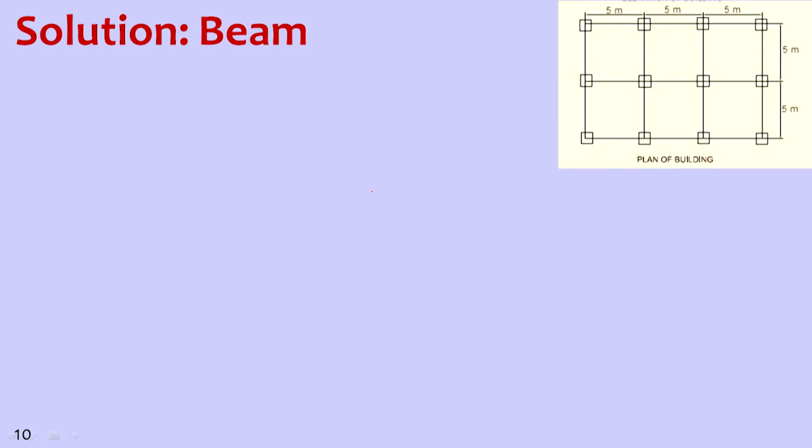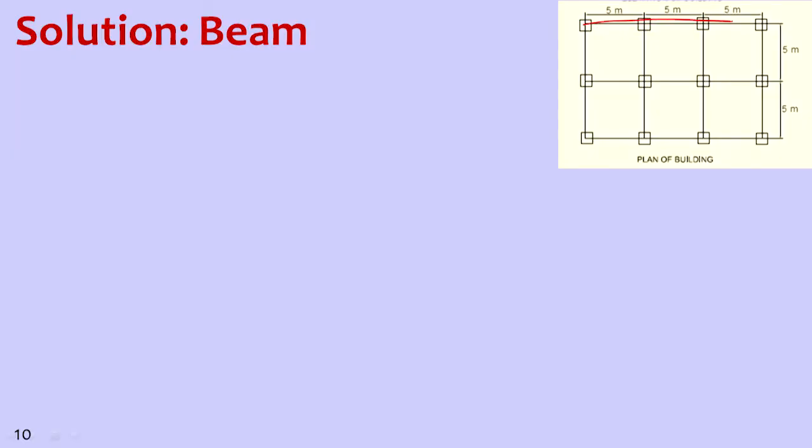Now let us move to the beam. Beam is the element which supports the slab, and generally we provide beam just below the walls. Since we provide beam just below the walls, it will run throughout the floor. So here if we look at the diagram, we have beam at the periphery as well as inside the building.